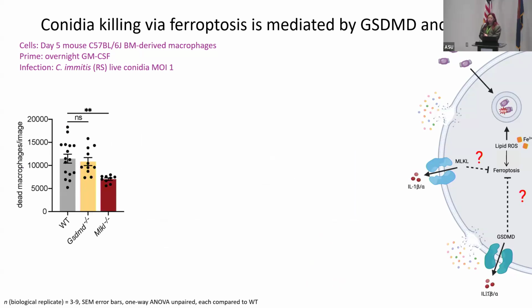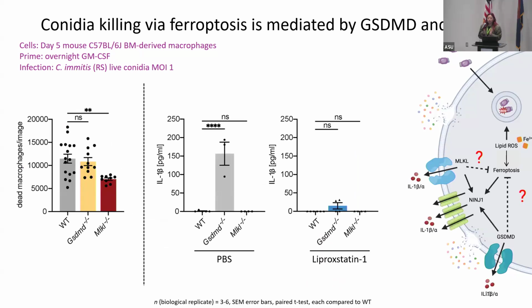At the same time, we observed increased viability of infected MLKL deficient macrophages, which led us to hypothesize that these knockout macrophages exhibited delayed cell death to increase conidia killing. We also saw an increased release of IL-1 beta from the gasdermin D deficient macrophages, and hypothesized that gasdermin D and MLKL come together to kill conidia and drive ferroptotic peroxidation.